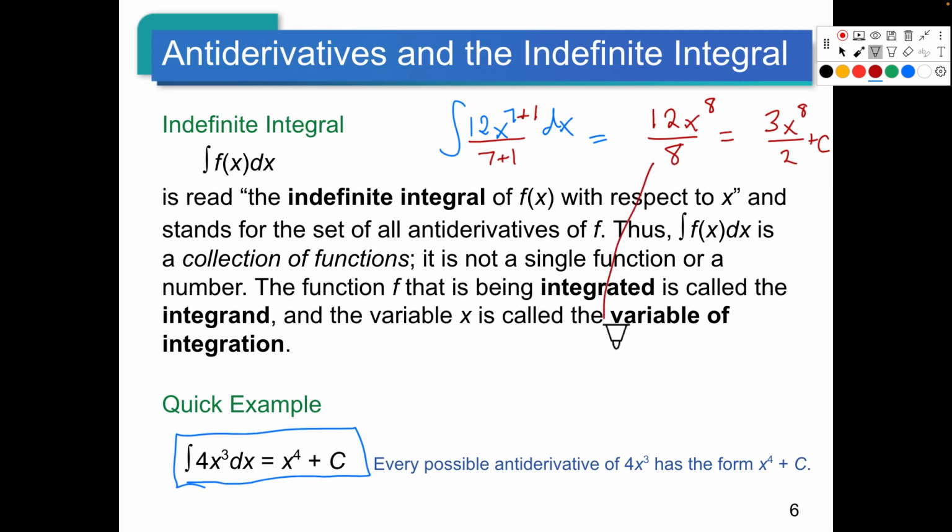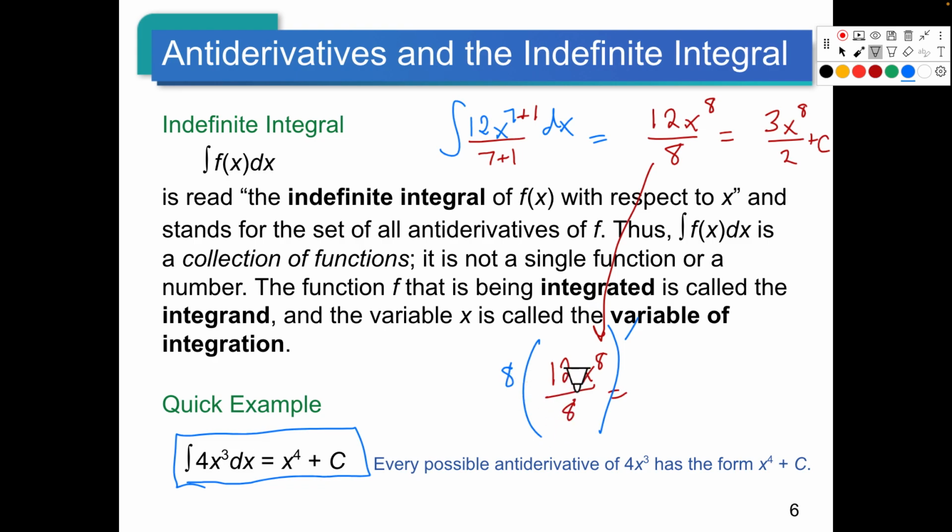But what I would do is come right here. Let's take the derivative of 12x to the 8th over 8. What's the first thing we do when we take a derivative? Bring the exponent down. So the 8 comes down, and we multiply by 8.